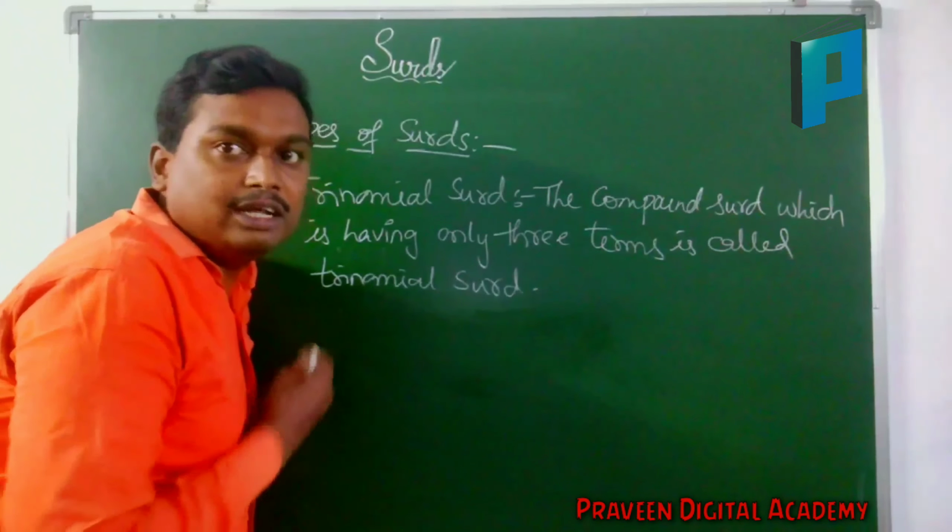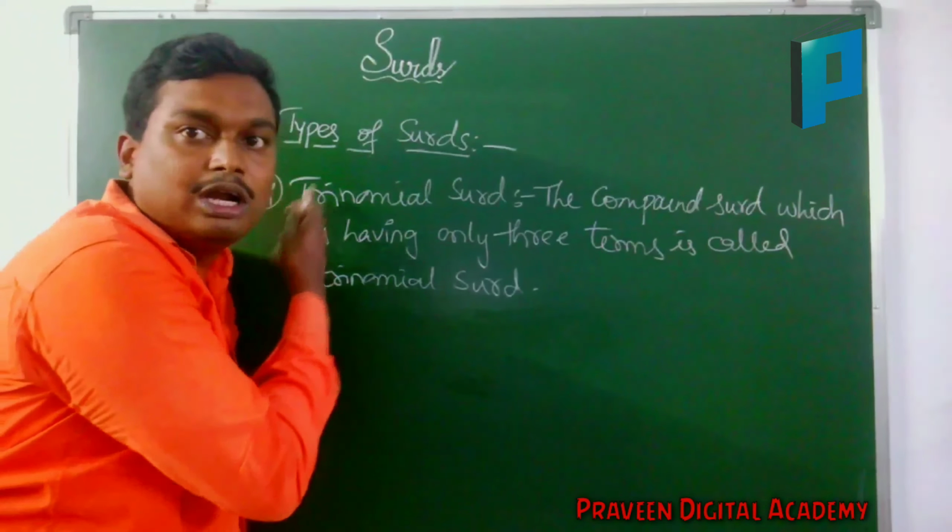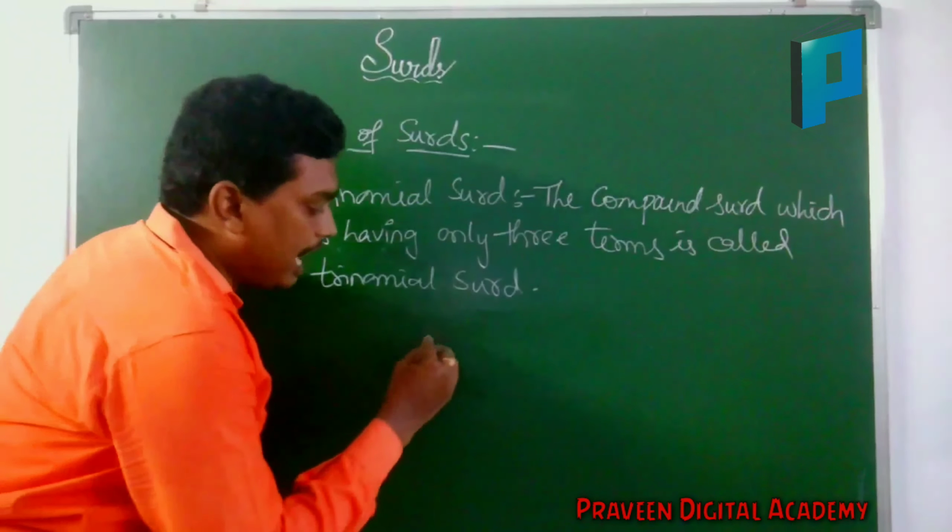The compound surd which is having exactly three terms is called trinomial surd.